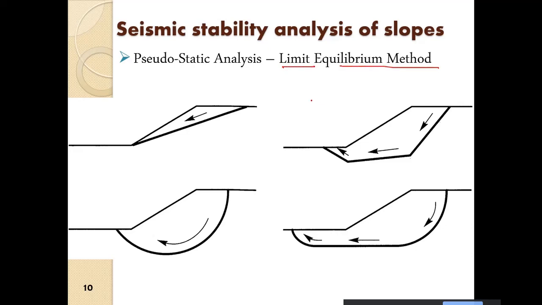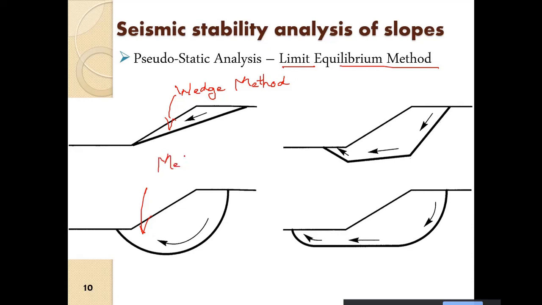Of the limit equilibrium methods, this is the wedge method, and this is the friction circle method, or a circular failure mode. Then of course there are various other methods. The most prevalent of the limit equilibrium methods is the method of slices.